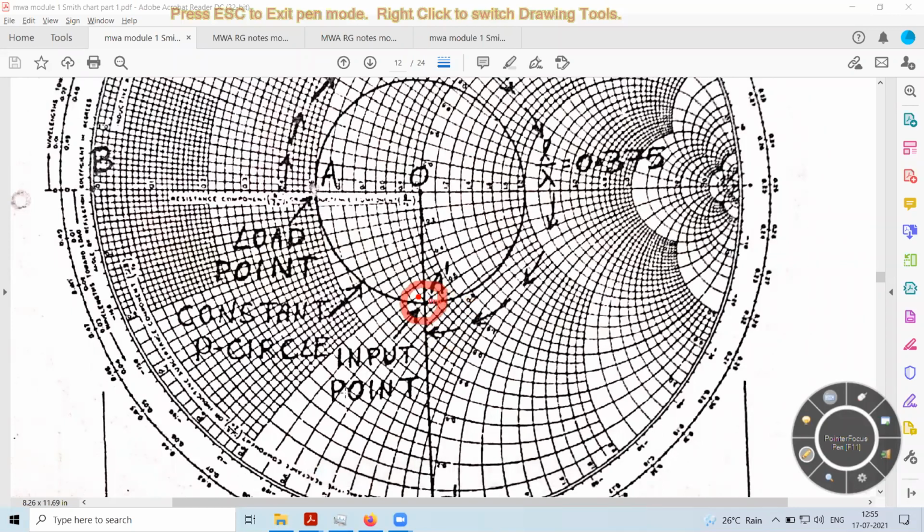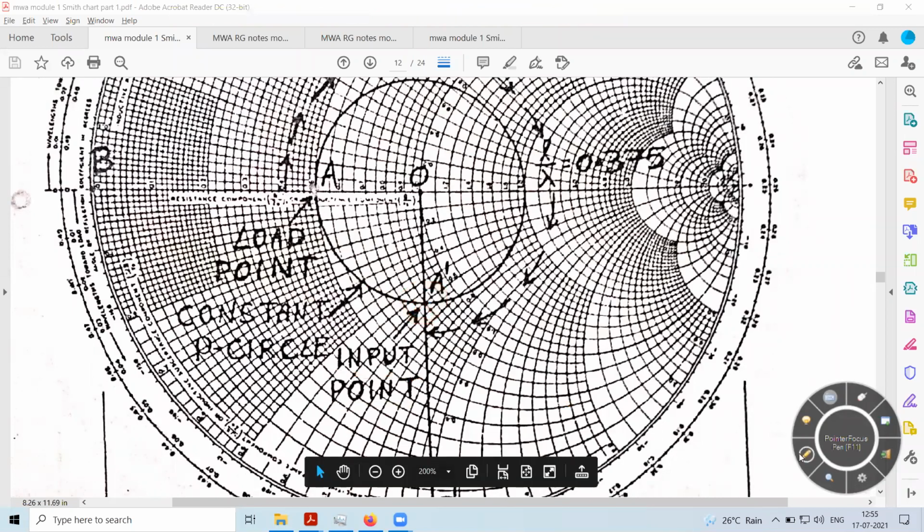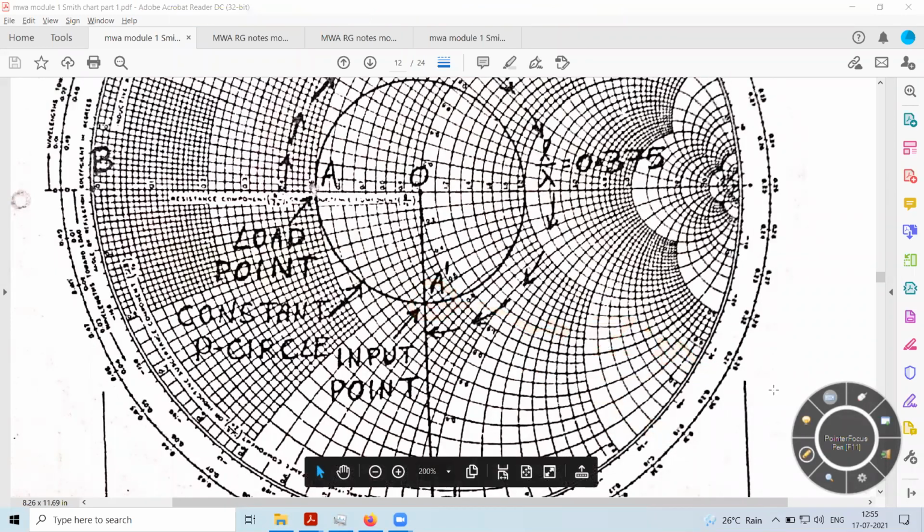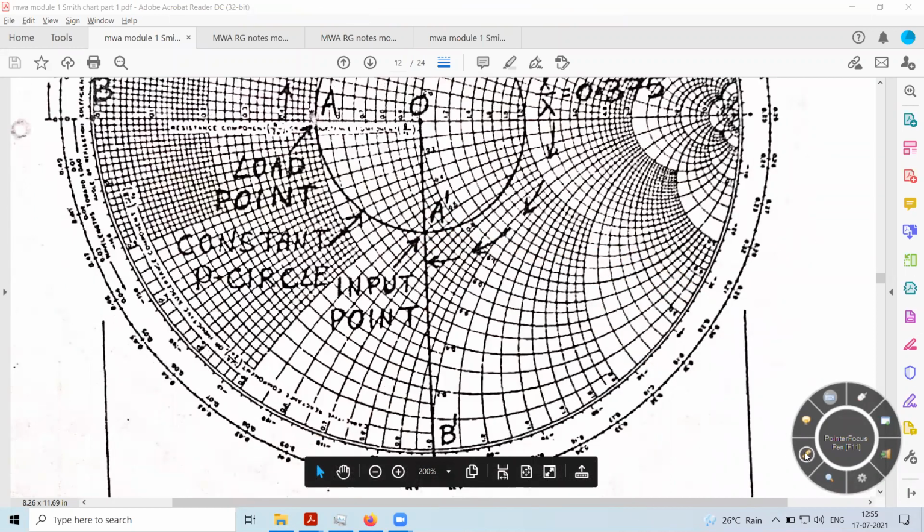This point is nothing but the input impedance point. If I read out the impedance value associated with it, it will give me the input impedance in normalized form. So let me check what the value is.